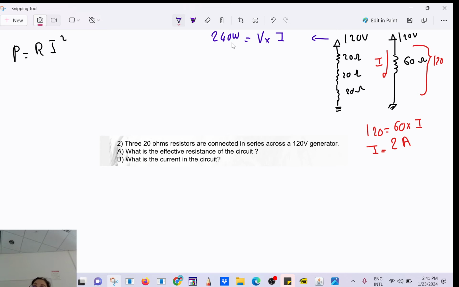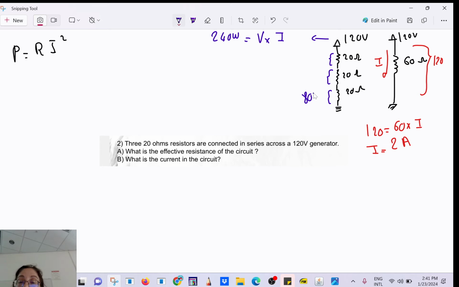Now you have 3 loads. Each load is the same thing. How much is each one of them going to consume? So you have 240 cookies and you have 3 kids. So it's going to be 80, right?